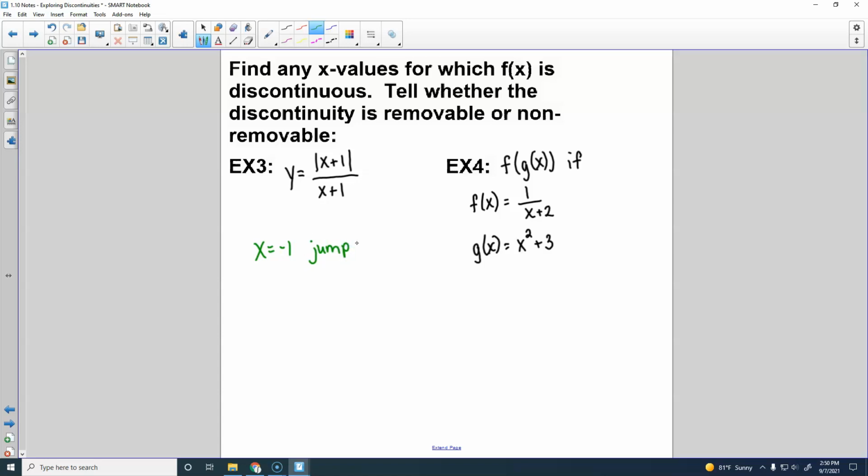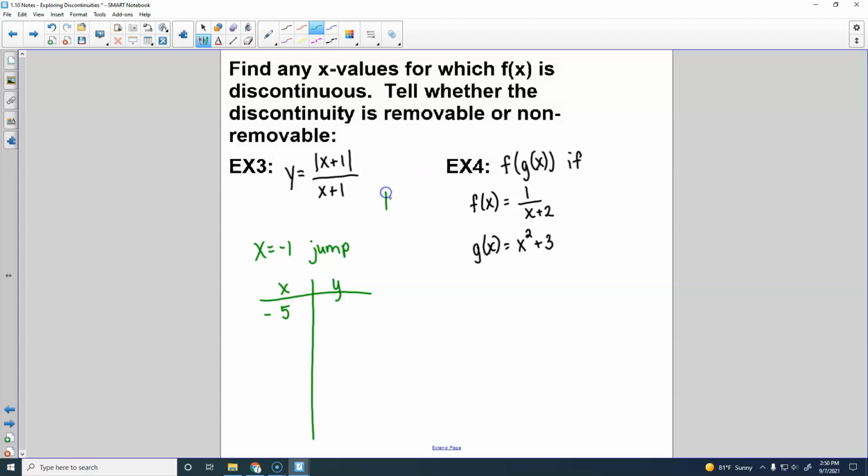Alright, so this is what happens for these types of graphs, and they like to put these on tests. I see them on a lot of review stuff. And they put them on calculator inactive so you can't graph it like I just did. So, think about plugging in some numbers here. Obviously, if I plug in negative 1, that's where my issue is at, right? But let's try some numbers lower than negative 1. Let's say I plug in negative 5.